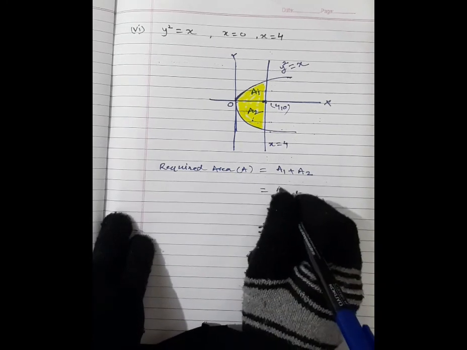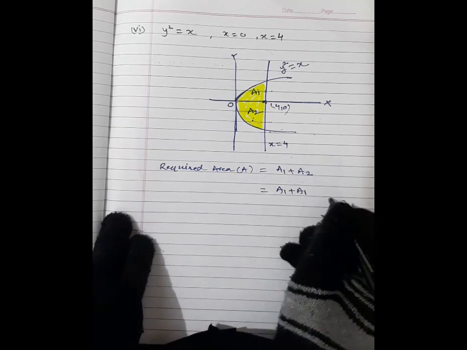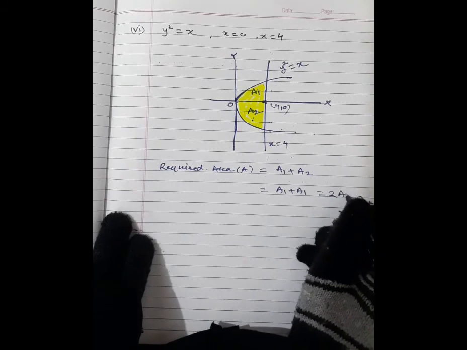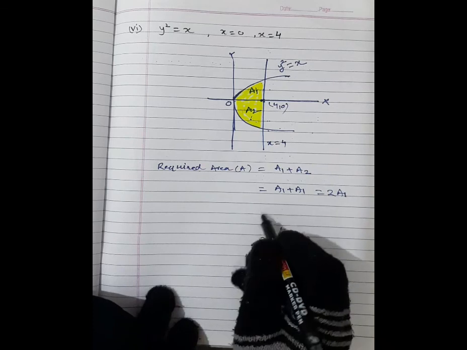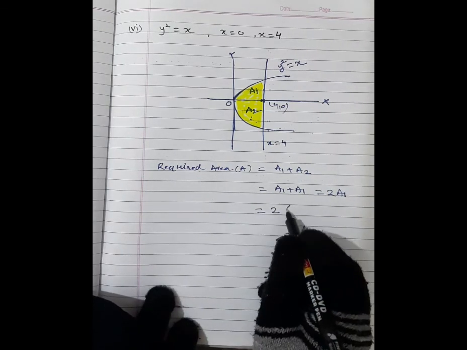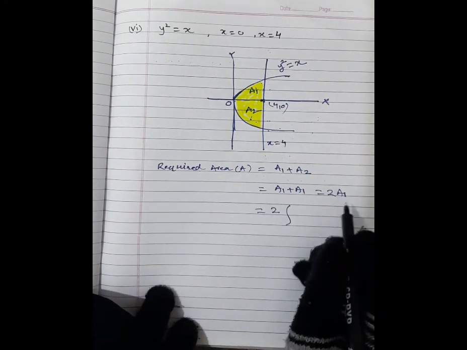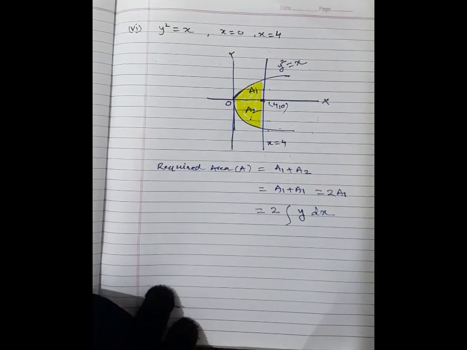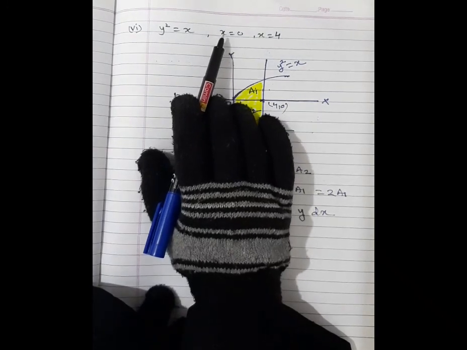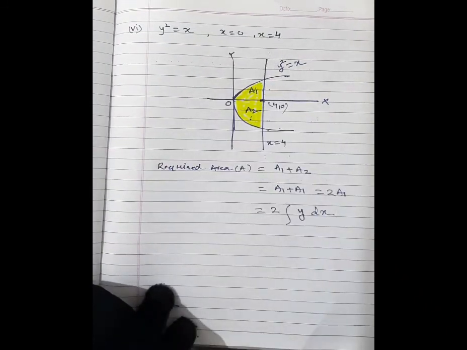So A1 plus A1, which is equal to 2 times A1. And what is the area here? 2 times integration of, what is the area A1? A1 is y dx, because here the limit is given for x is equal to 0, x is equal to 4.